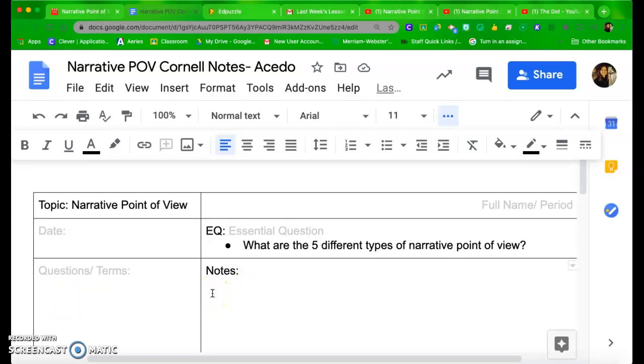I want to go ahead and start these notes by defining a narrator. A narrator is whoever is telling the story.